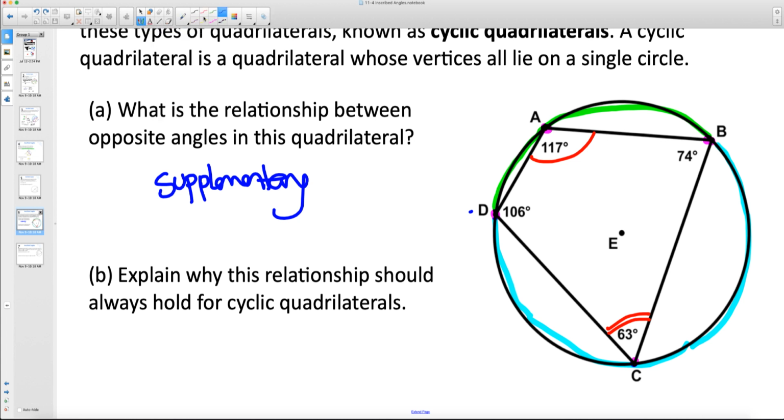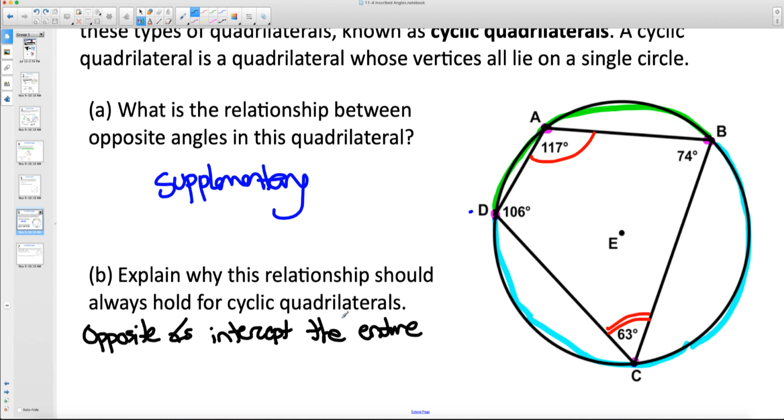So I don't know, we could say something like, opposite angles intercept the entire circle, which is 360 degrees.